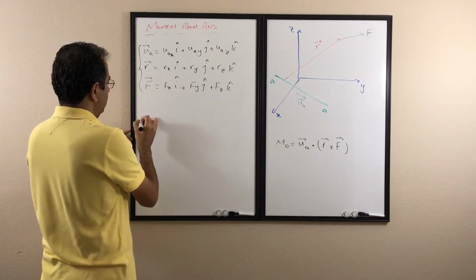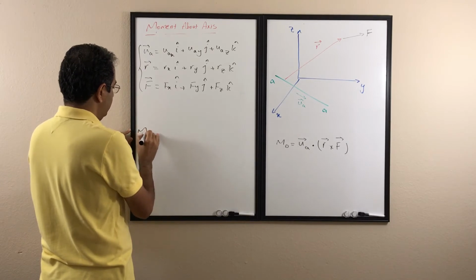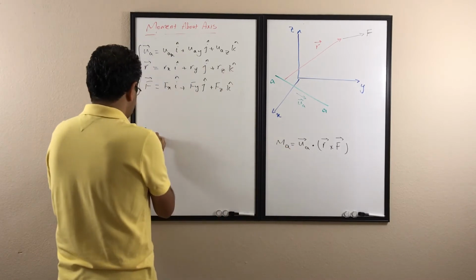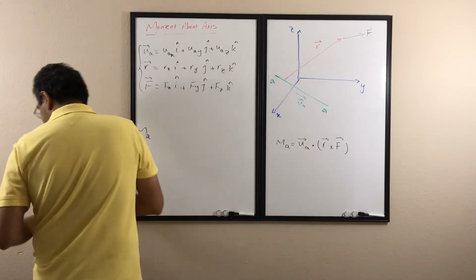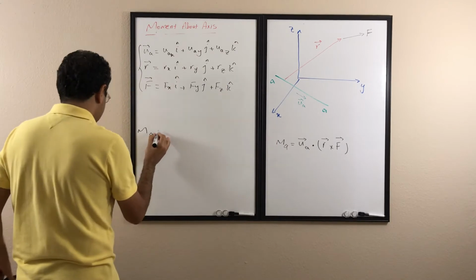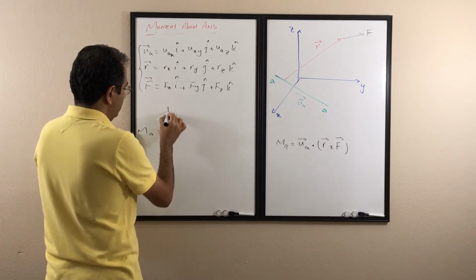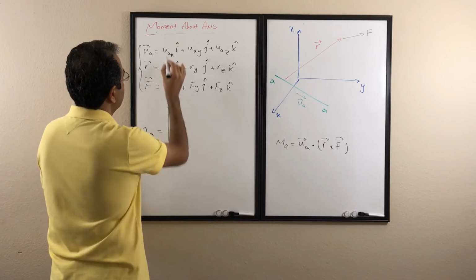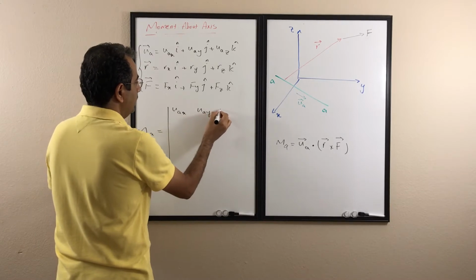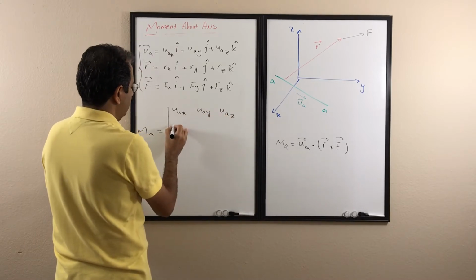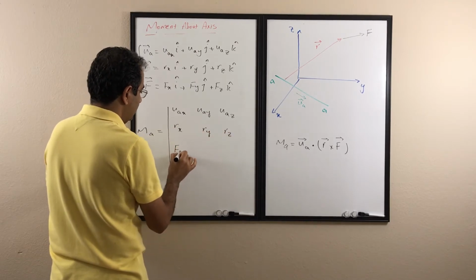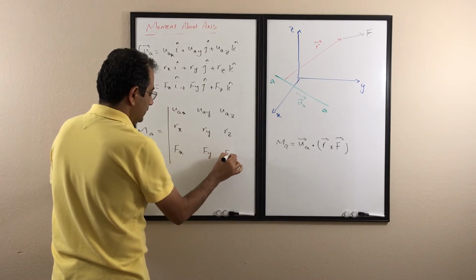So if we write these three in the form of a vector, the M about axis A would be found from this determinant, which has UAX, UAY, and UAZ, and then RX, RY, and RZ, and FX, FY, and FZ.